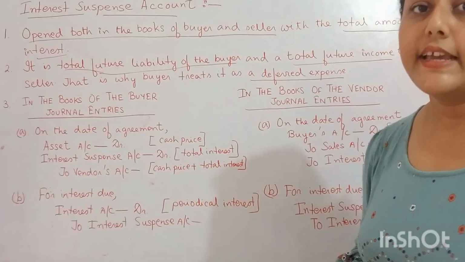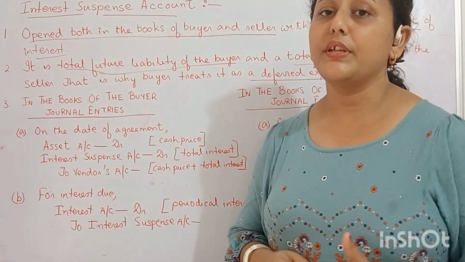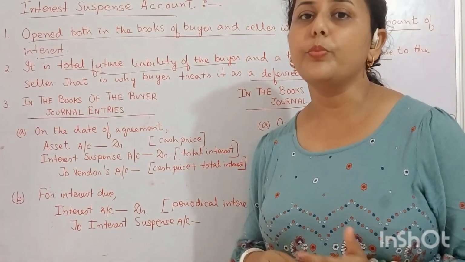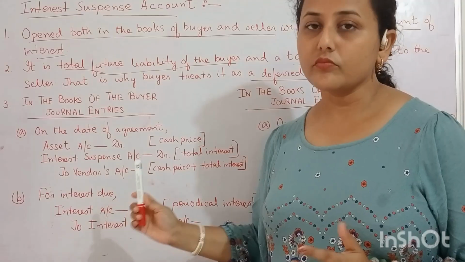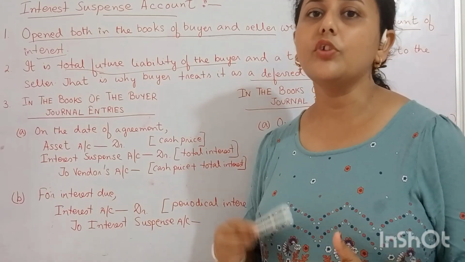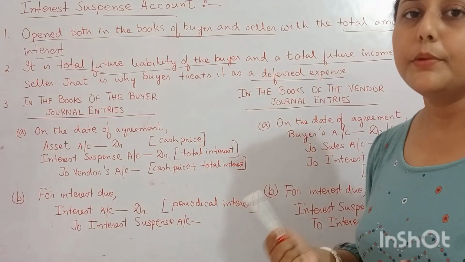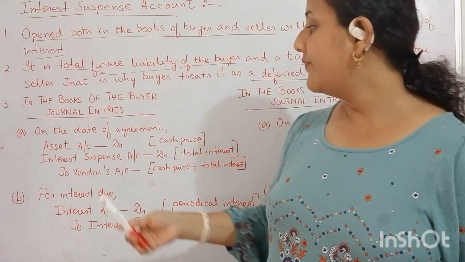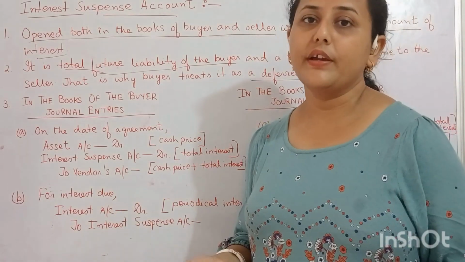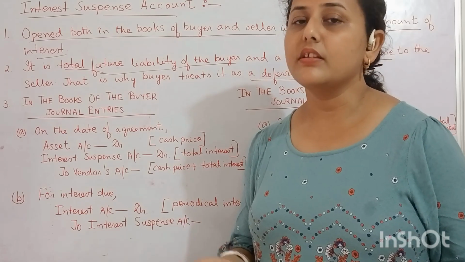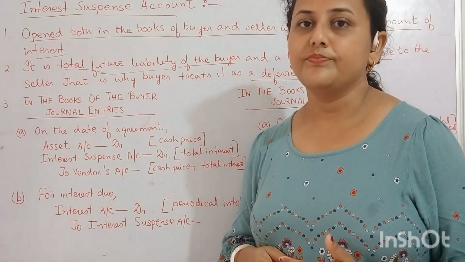Then the second entry on the date of agreement is for the payment of down payment for the purchase of the asset by the buyer. It will be vendor's account debited to bank account, as we have passed in the case of the hire purchase system.